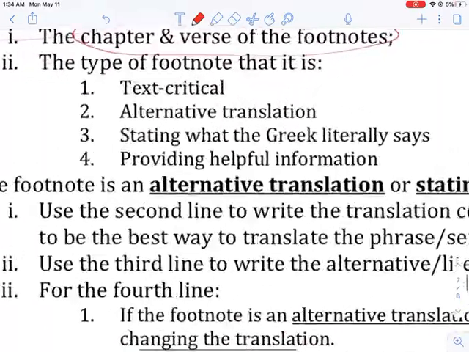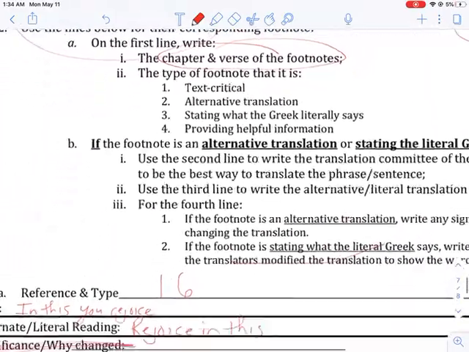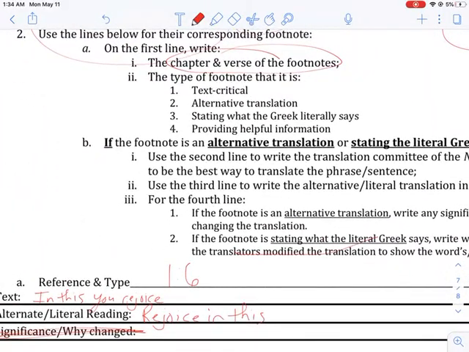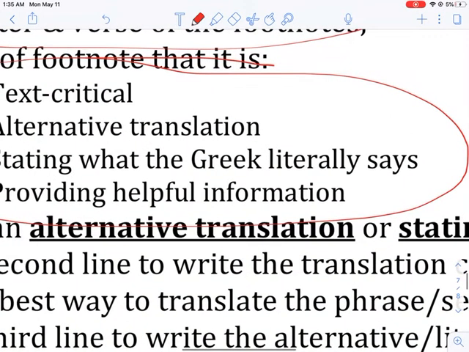And so here are the 4 types of footnotes we've talked about. And you've got to decide, is it text critical? That's what we talked about in our lecture on Friday. Is it an alternative translation? Is it stating what the Greek literally says? Or is it providing other helpful information? Again, the text critical will mention manuscripts or authorities.